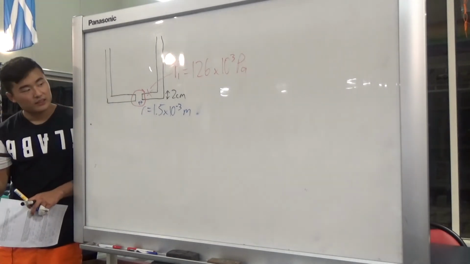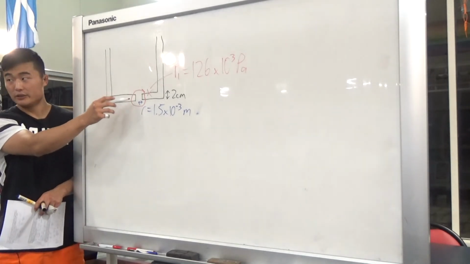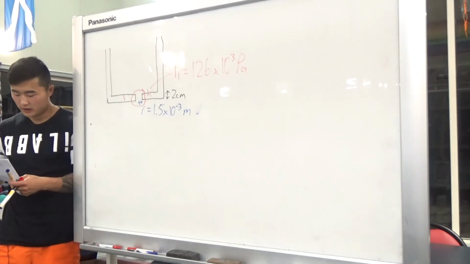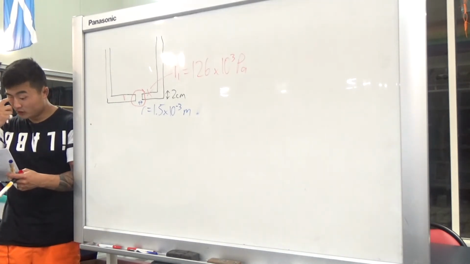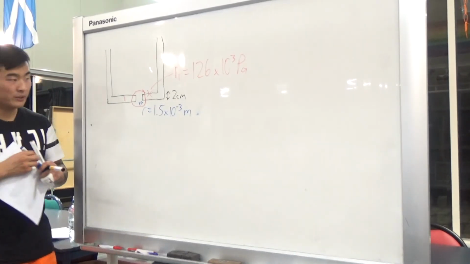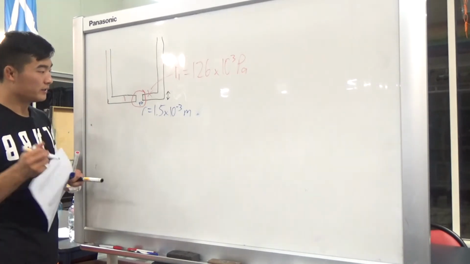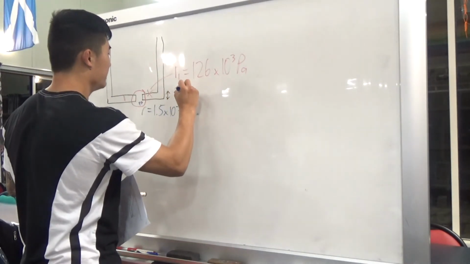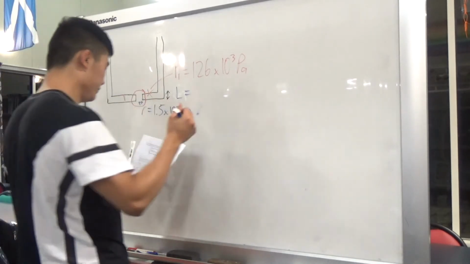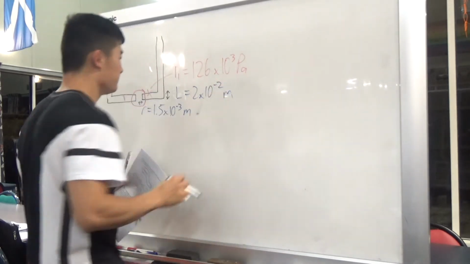The length of this pipe is going to be 2 centimeters, which is the thickness of the base of the wall. So this variable here is going to be our length. Length is equal to 2 centimeters, which is 2 times 10 to the negative 2 meters.